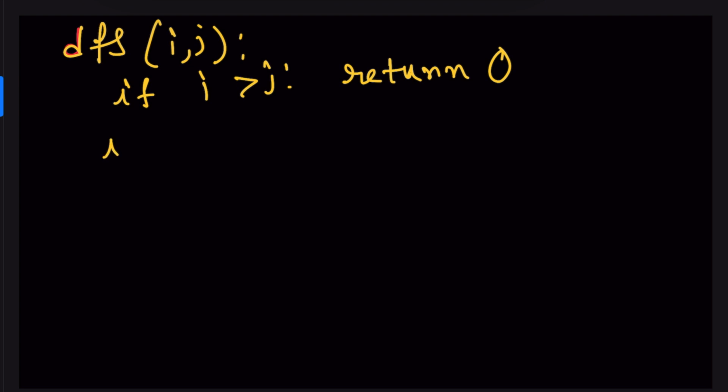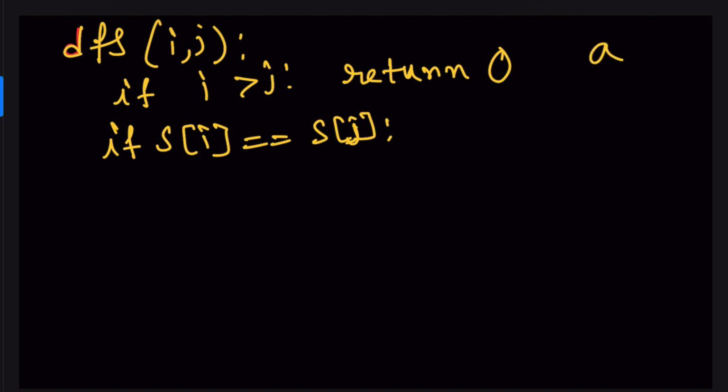Otherwise, if s of i equals s of j, then there can be two scenarios. Let's say this is the smallest string, right? So if this is i and this is j, these two are matching, then we are getting a palindrome of length 2. But if we are just checking the string A and i and j are both at the same position, then we are just getting a length of 1.